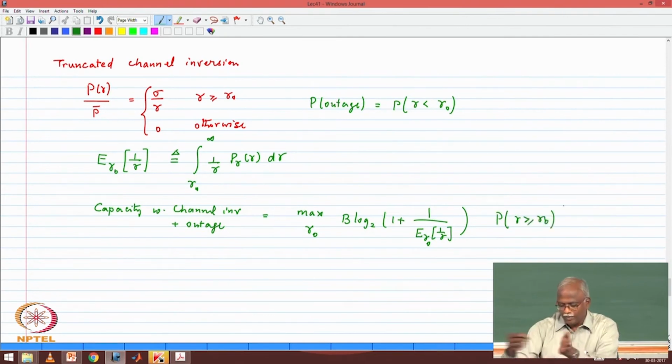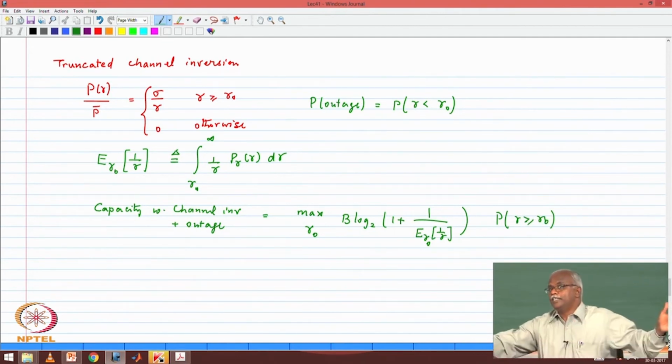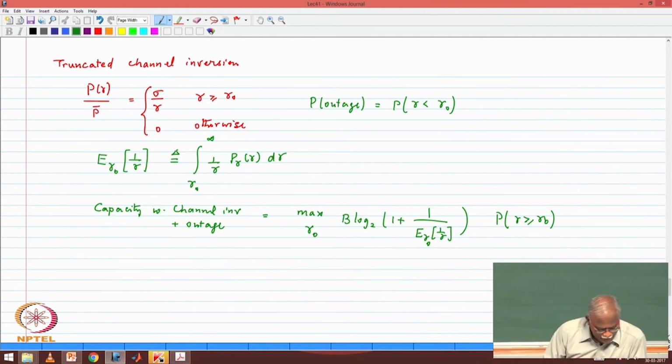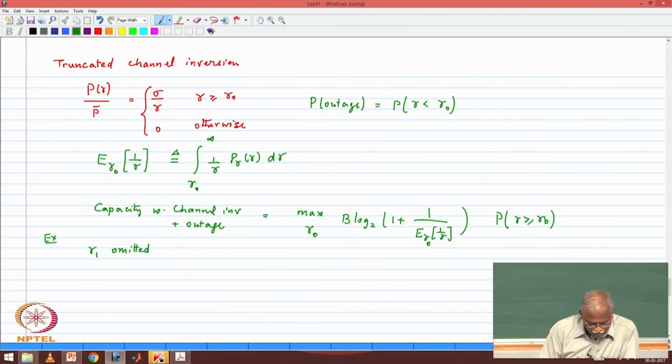In other words, you must do 1 minus the probability of outage, because this is like a constant for all time, but you know that in certain periods of time there will not be any transmission because you have not done the channel equalization. So, let us assume that gamma 1 is omitted in the example, and all we have is gamma 2 and gamma 3.